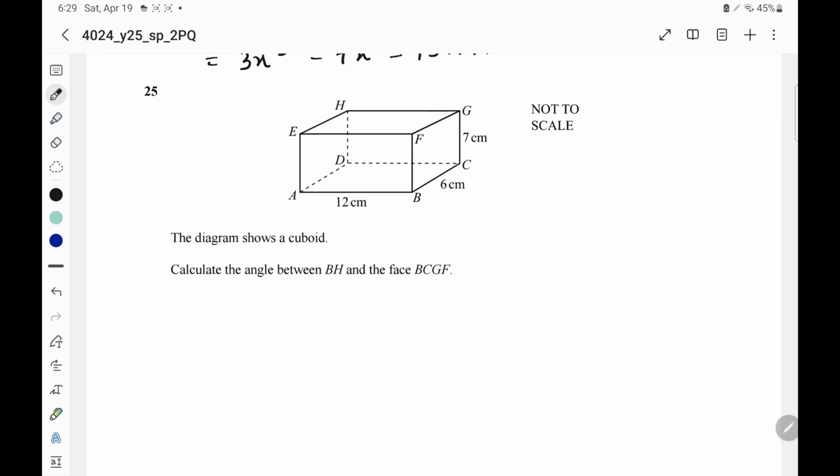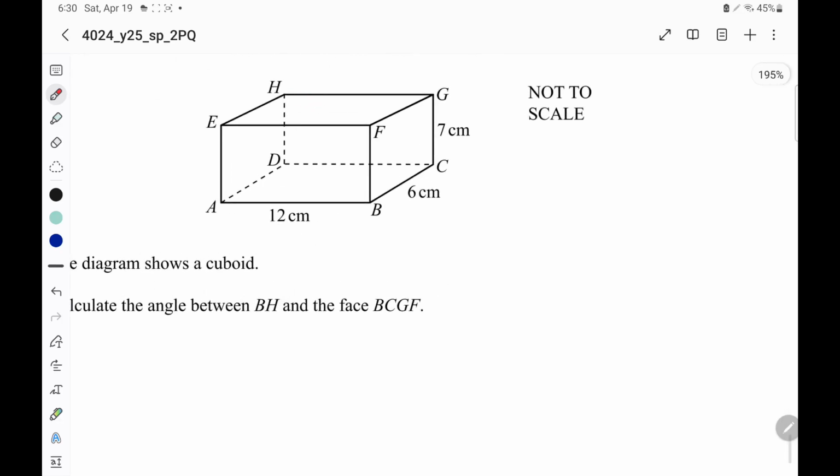If I join this BH, and the base is BCGF, they're asking for this base. Now I'm connecting this. So they're asking us to find this angle.